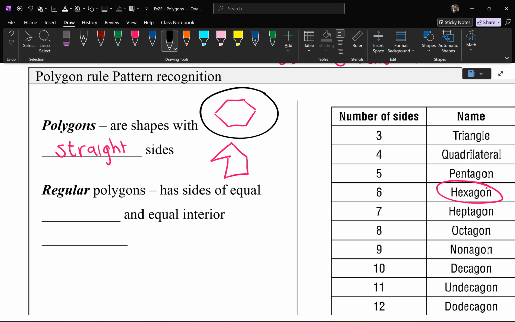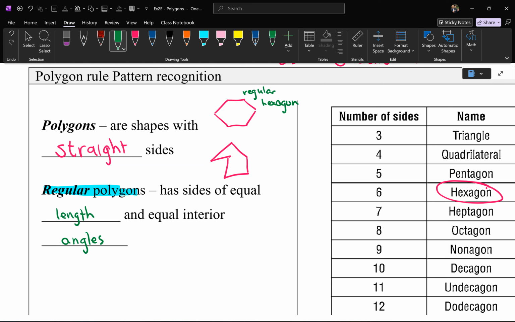Specifically, this shape, which you see in a soccer ball, that's a regular polygon. So it'll be a regular hexagon. Okay, so this is known as a regular hexagon. And when we say regular, what it means is that all sides are of equal length and equal interior angles.